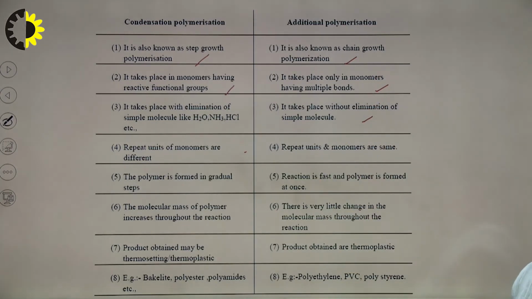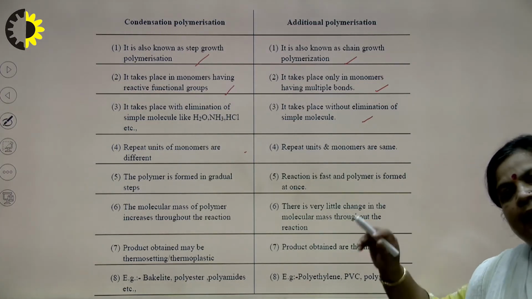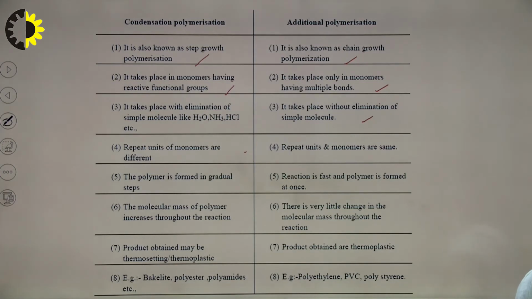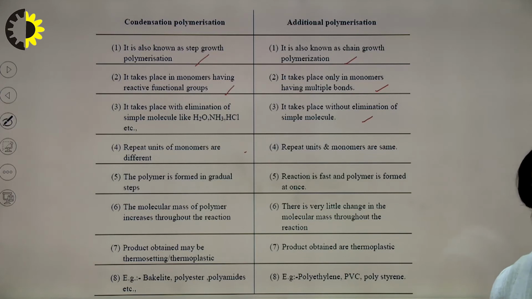Addition polymerization is fast, requires an initiator, and contains well defined steps, while condensation polymerization is formed in gradual steps, with no well defined steps; directly heating it in the presence of an acidic or basic medium is sufficient.